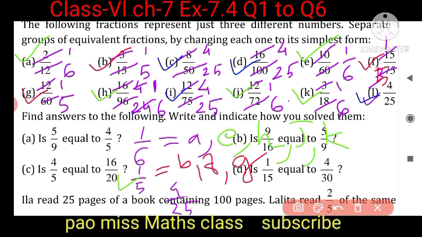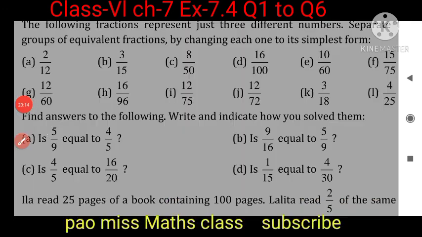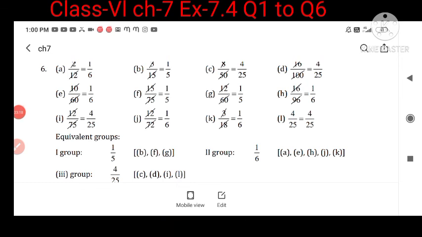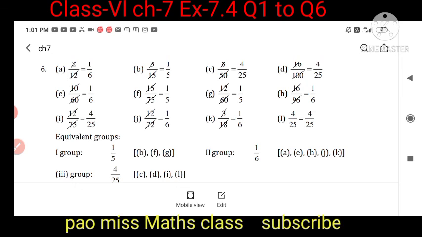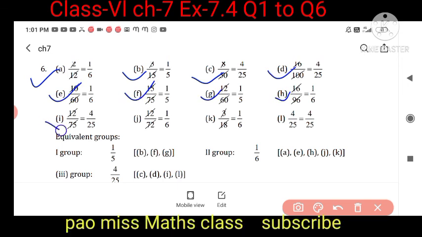Okay, I will show you the written part. So the solution you will write in this way, okay? I was just explaining there, maybe you are getting confused, so you will write in this way. After reducing them into the lowest fraction, we got all these values, isn't it?